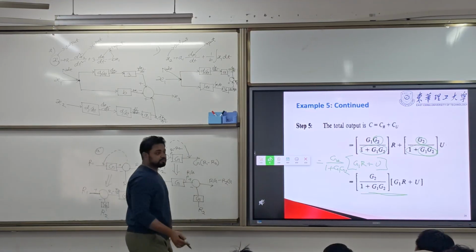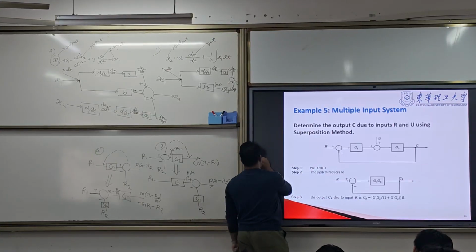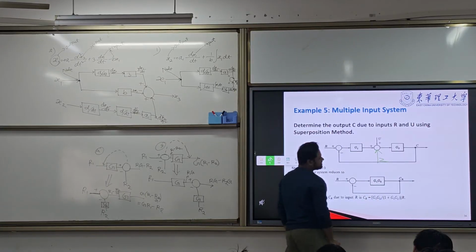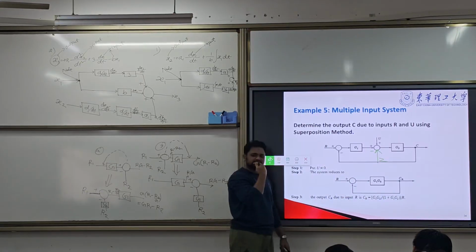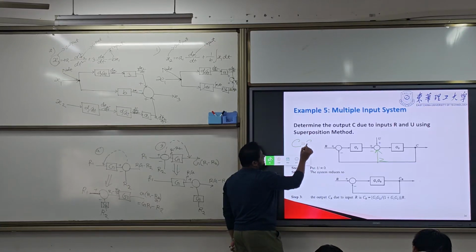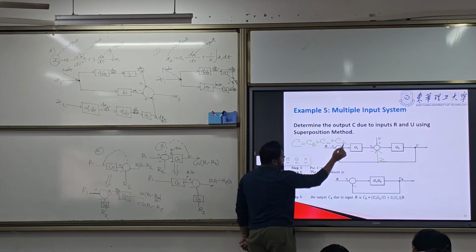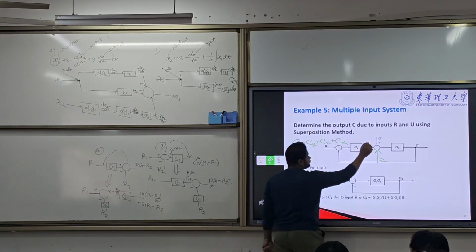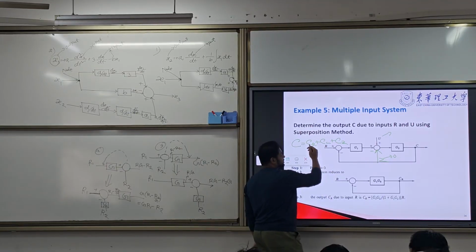If you have 3 inputs, suppose there is one more input Z, then you also need to do the same for the 3 multiple inputs. So the output will be CR, CU plus CZ. First you consider the other two as 0, then you find out CR.